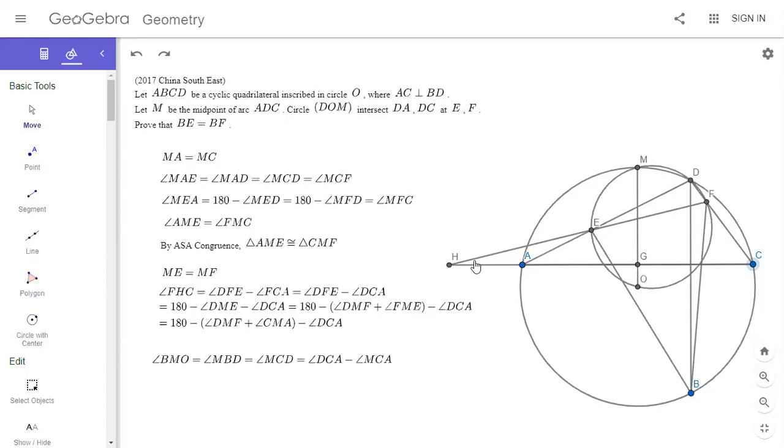So if ME equals EA and MF is equal to FC, then AE is equal to FC, and if AE is equal to FC, can we use that to show BE is equal to BF?